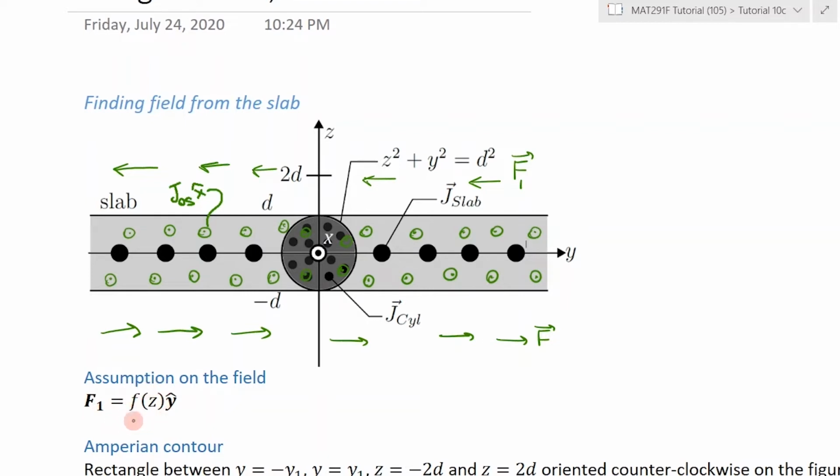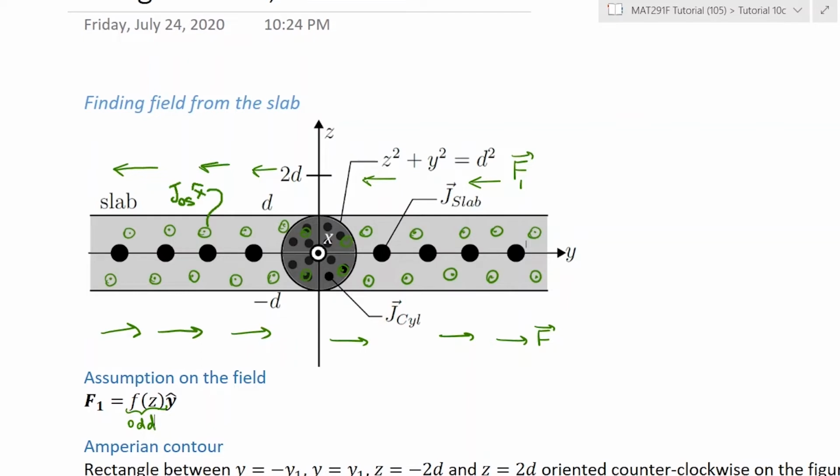This f of z is an odd function. The reason is that above the slab, the y component is negative, and below the slab, it is positive, but the magnitude of f is the same on both sides of the slab.